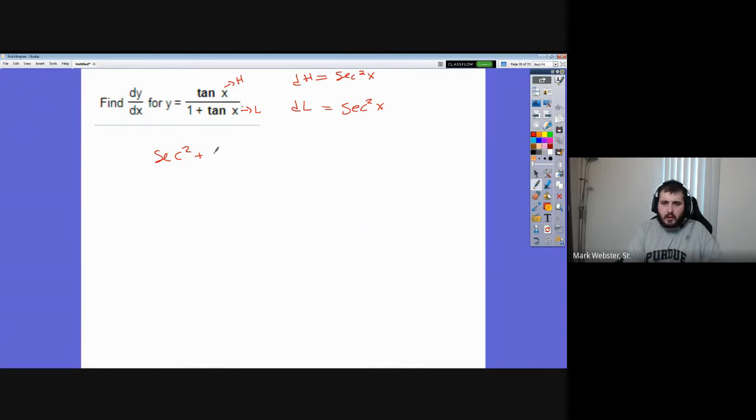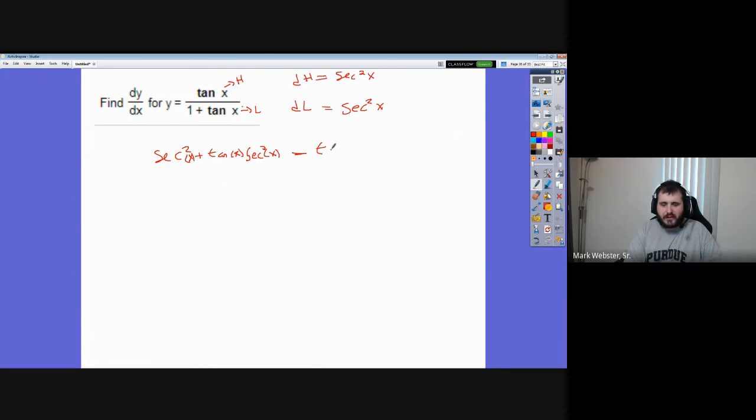Secant squared tangent, right? Or tangent x secant squared x, right? Low d high minus high d low.